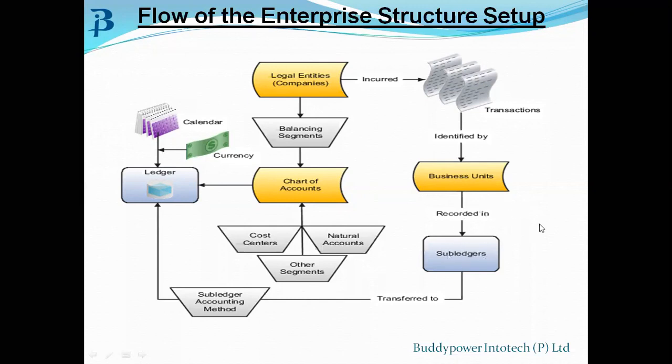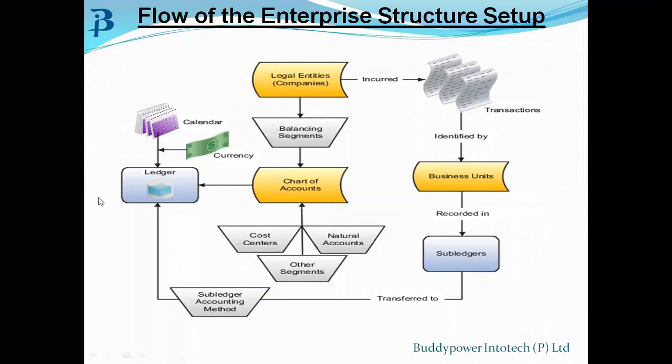A sub-ledger captures all the detailed transactional information, such as supplier invoices, customer payments or asset acquisitions. From here, the transactional balances are transferred to the ledger and posted through the SLA. The sub-ledger accounting method is one of the accounting conventions introduced in EBS R12 and followed in Fusion as well.